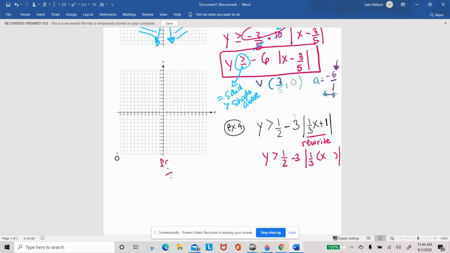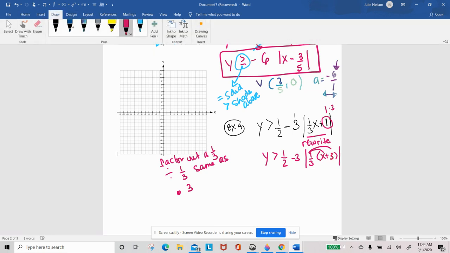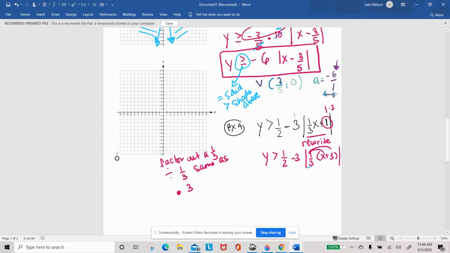When you factor out a 1/3, dividing by 1/3 is the same as multiplying by 3. You have to ask yourself, 1/3 times x is 1/3 x, but 1/3 of what is 1? So if I were to multiply this 1 by 3, I'd get 3. And then you want to factor out that 1/3.